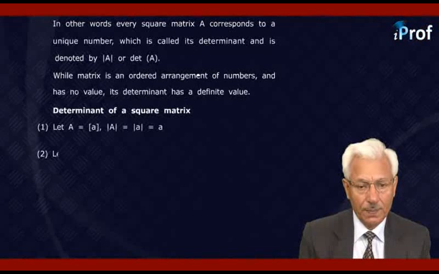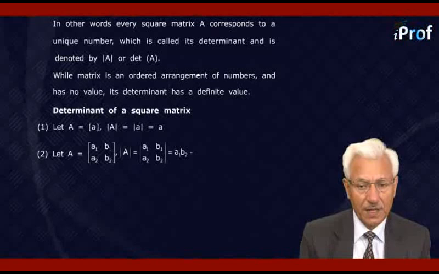Second, let A be the matrix with a1, b1 in the first row and a2, b2 in the second row. Its determinant is the determinant of a1, b1, a2, b2 within bars. Its value is a1b2 - a2b1.